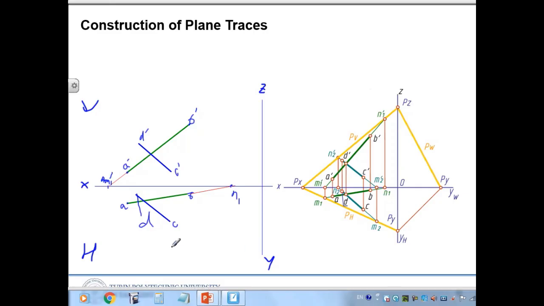Okay, and make this side also, extend it, and then from M1 dash make a vertical line like this, so that will make the M1 point. So that's M1 dash, so that's M1 itself, and we'll extend this side also.